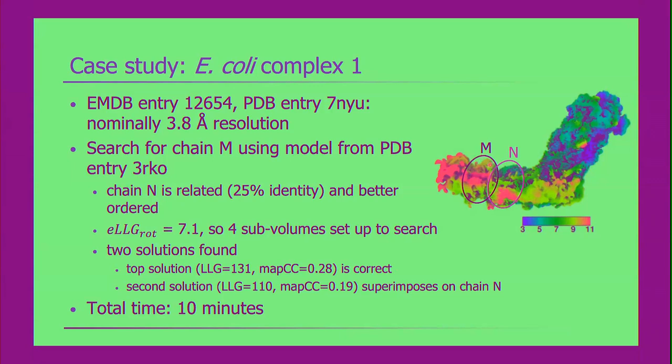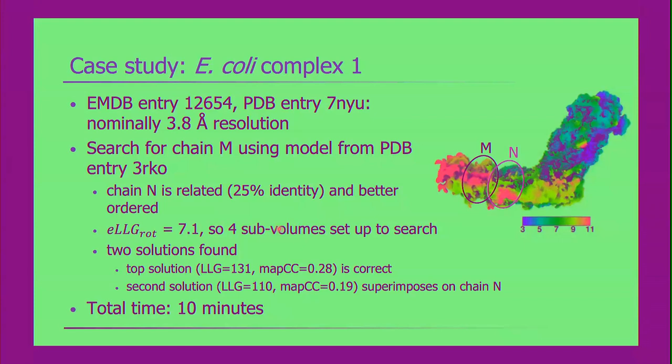So if we search for chain M, doing the search over the whole reconstruction, then it figures out what is the score that it will get in the log likelihood in the rotation function. It figures out 7.1 is a number where it says that's too small, we should cut out subvolumes, and the calculation says 4 subvolumes should be used.